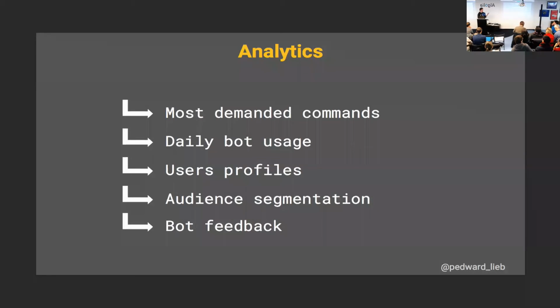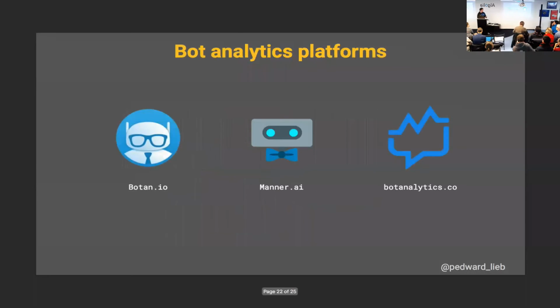And of course, bot feedback. Sometimes people give feedback to the bot, like, I would love to have this implemented within the bot, can you do it? I think you need to monitor this to say, okay, maybe this feature is not used at all, but I need to do that to make a better bot. For these services, I did not find a lot of things.